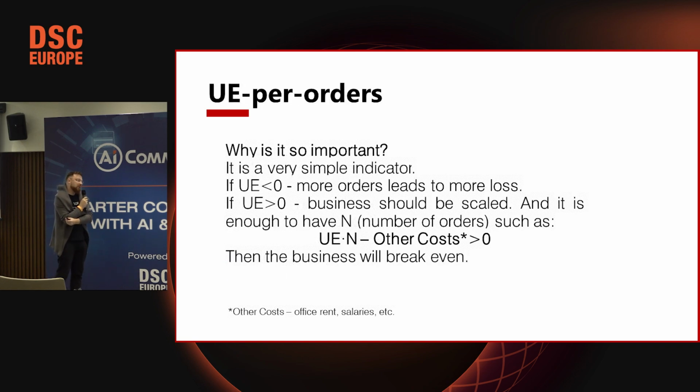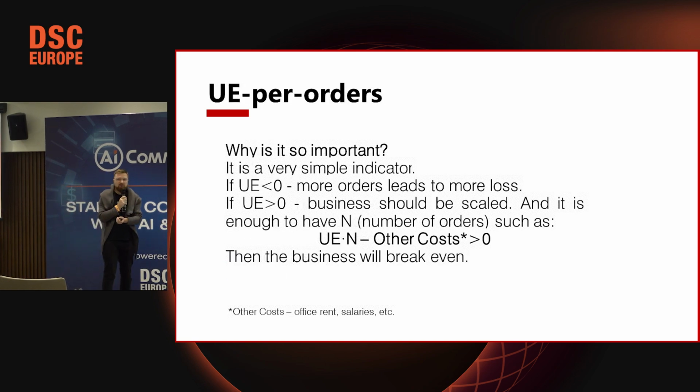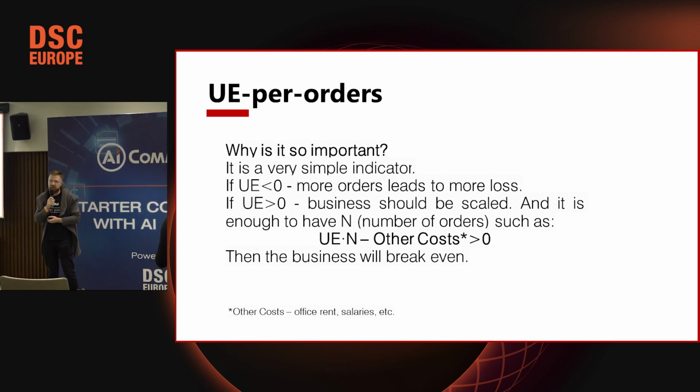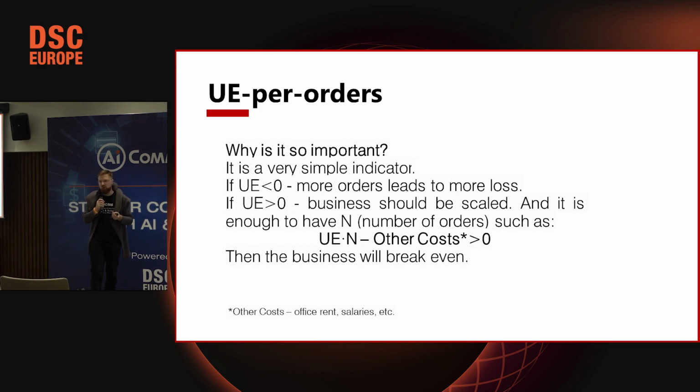Why is it so important? It's a very simple indicator. If you have unit economics greater than or equal to 0, it means you can scale your business because each order provides a profit. If you have unit economics less than 0, it means if you scale your business, you will generate a lot of losses.